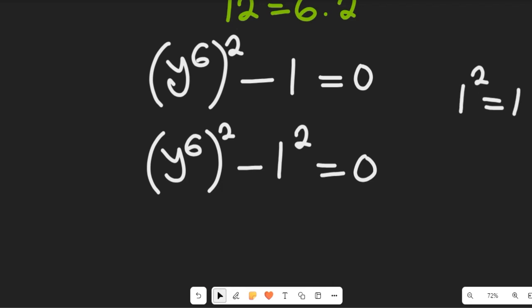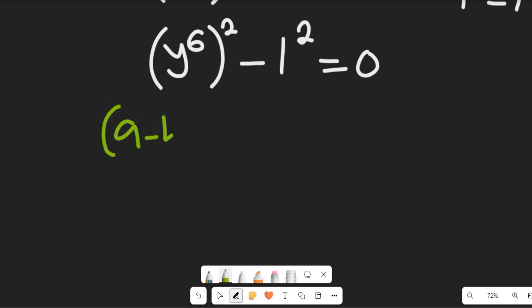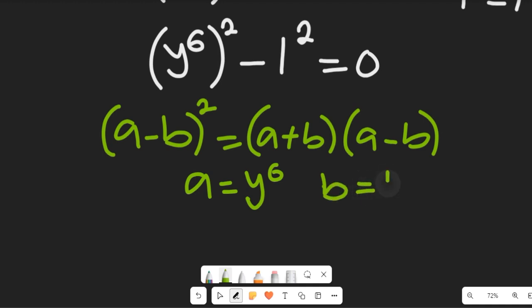Great. Now having seen this, we now have a difference of two squares. So recall that if we have a squared minus b squared, this can be equal to a plus b multiplied by a minus b. So having seen this, we can see that the value of our a here is equal to y to the power of 6, and the value of our b is equal to 1.